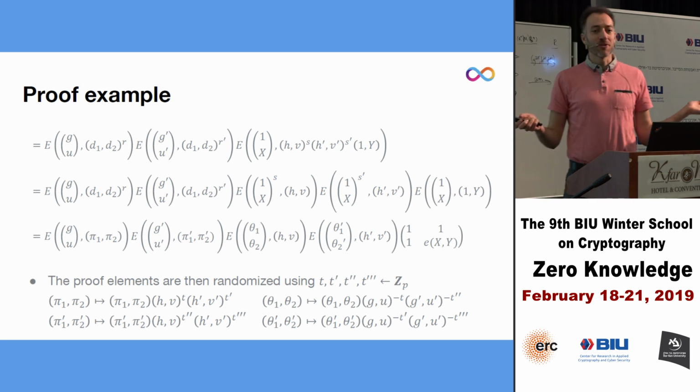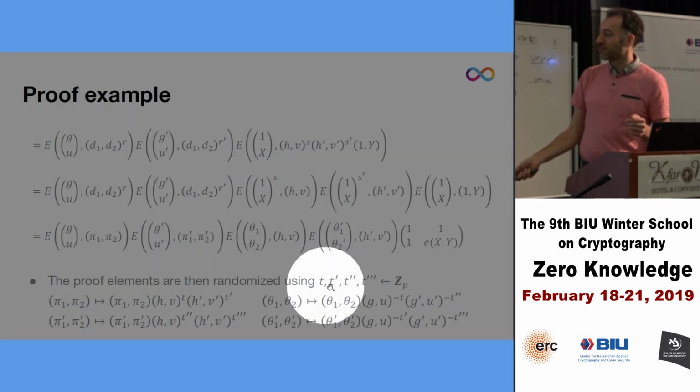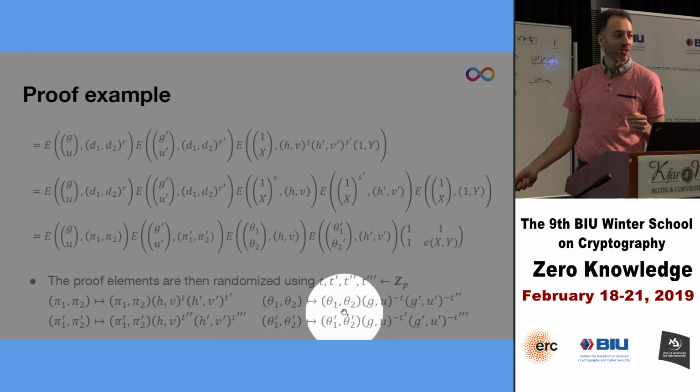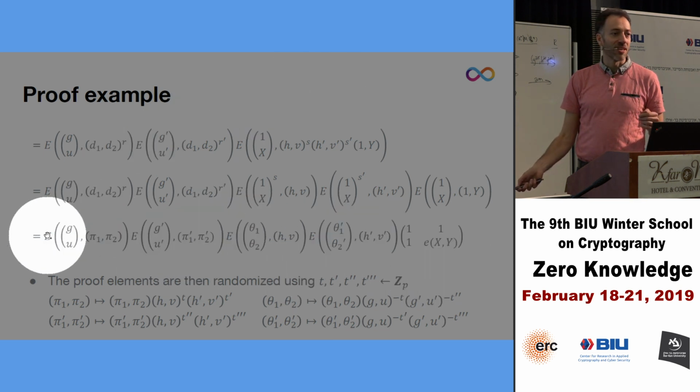So that gives us 4 combinations, so I'll do some more complicated randomization with 4 field elements, but it's essentially the same thing. We're doing some randomization with HV and H prime V prime, and we're subtracting it on the other side. So this equation still balances out.